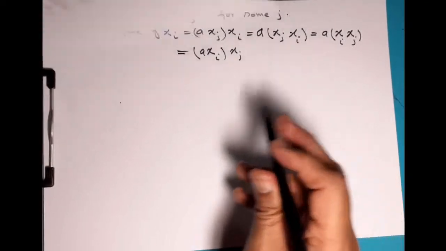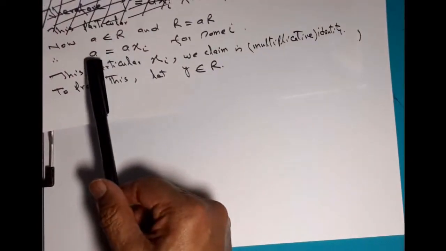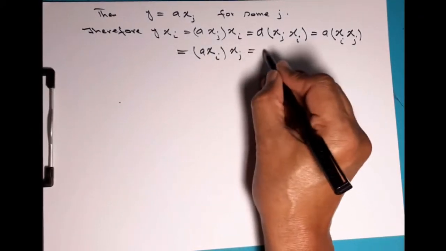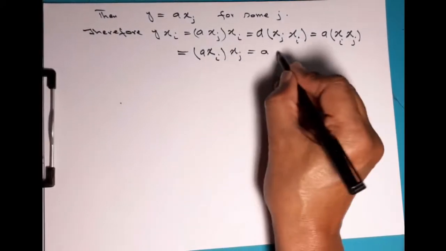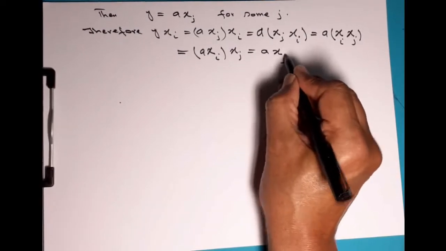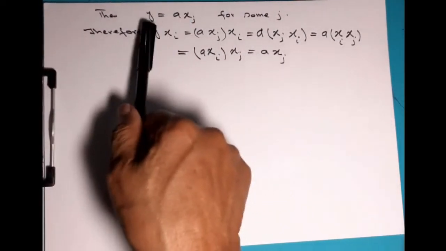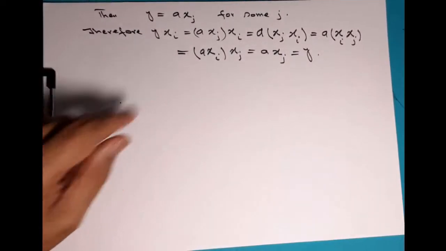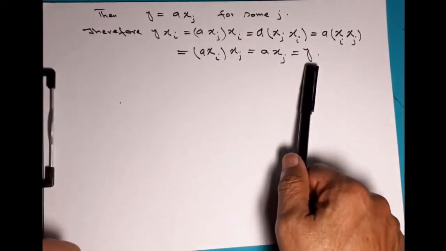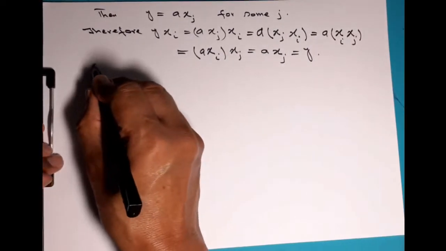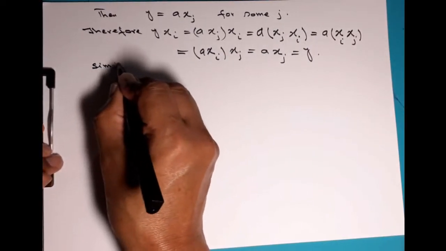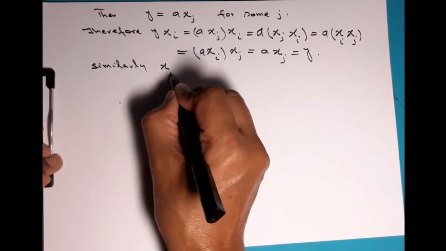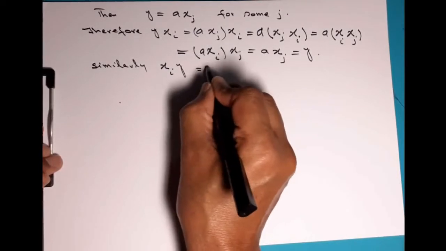Now note that AXI is equal to A. So this AXI can be written as A and then into xj, and A into xj is equal to Y. Therefore, Y multiplied with xi is equal to Y. Similarly, we can prove that xi multiplied with y is equal to y.